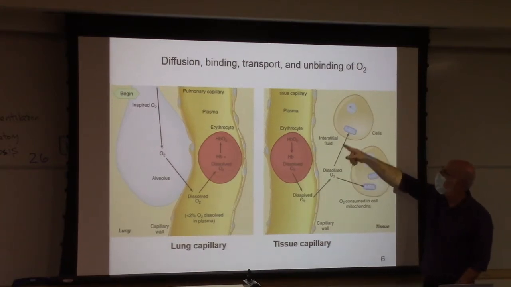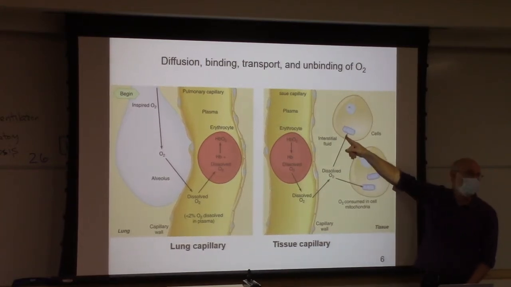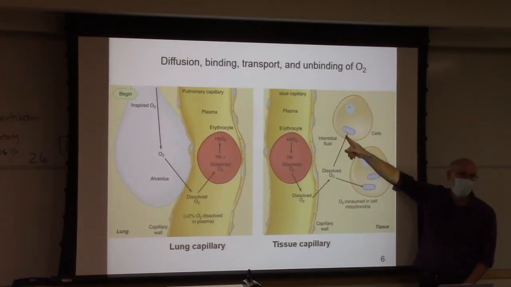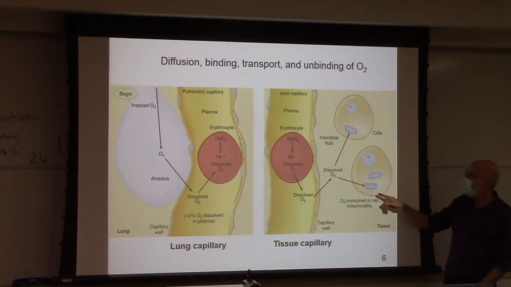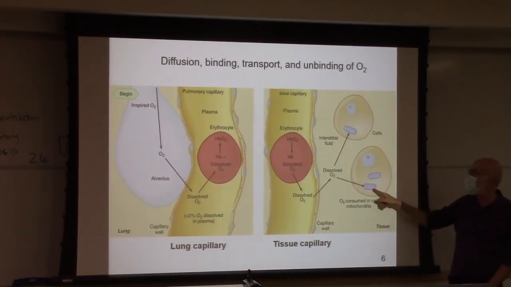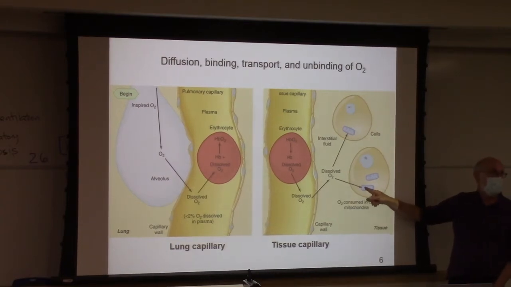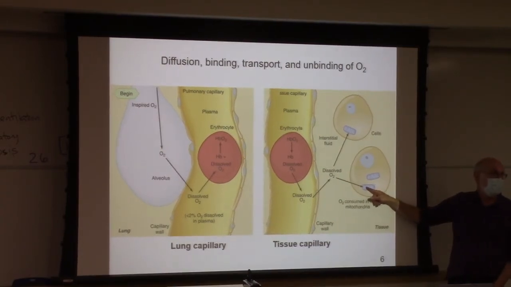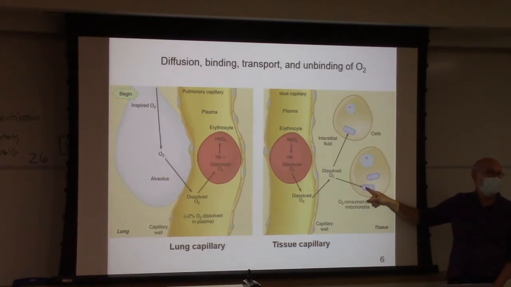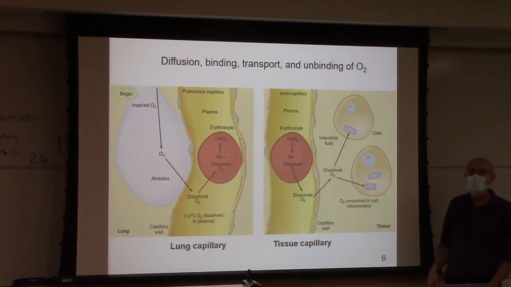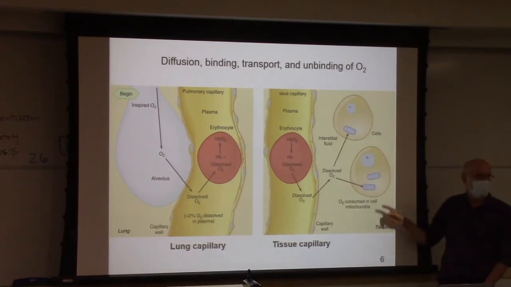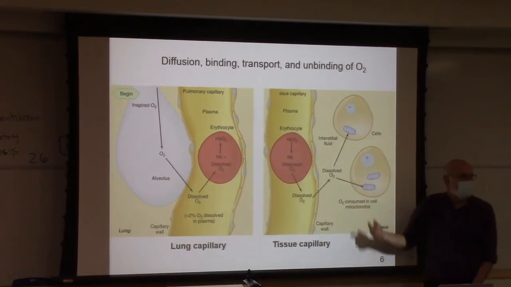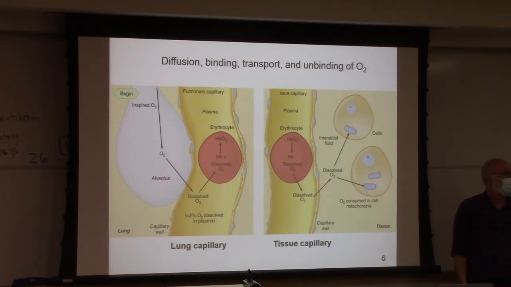How does oxygen get into the cell? Diffusion. And how does it get into the matrix of a mitochondrion? Diffusion. Mitochondria do not have transport proteins for oxygen any more than cell membranes do. It's all diffusing.